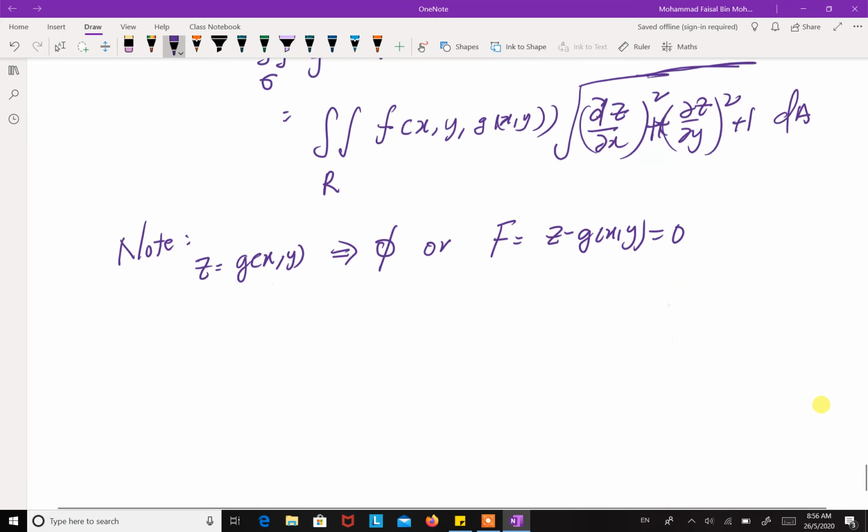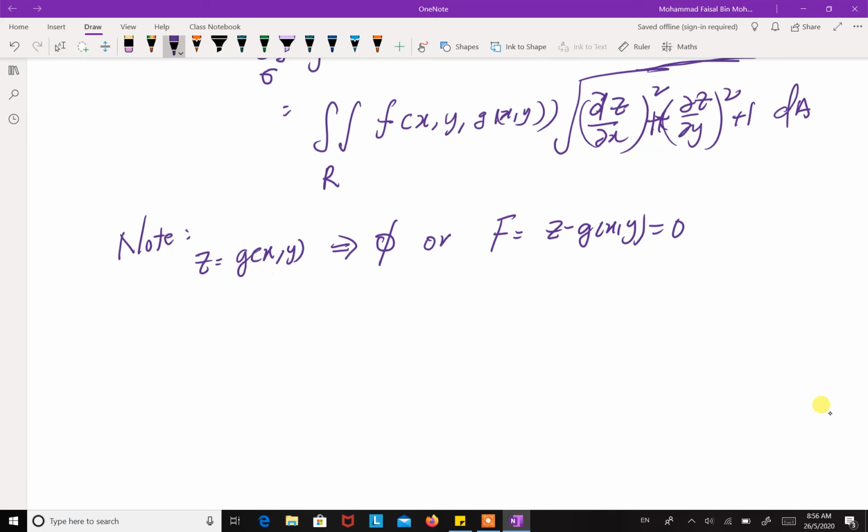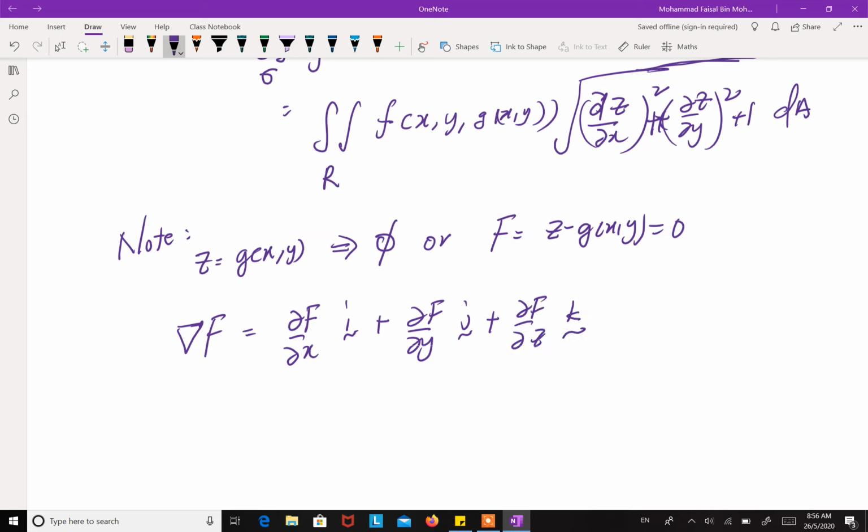The gradient of f will be del f over del x i plus del f over del y j plus del f over del z k, equals to negative g_x i minus g_y j plus k.